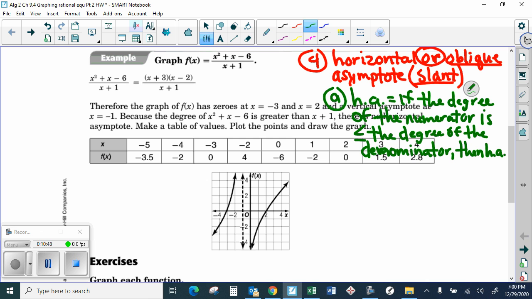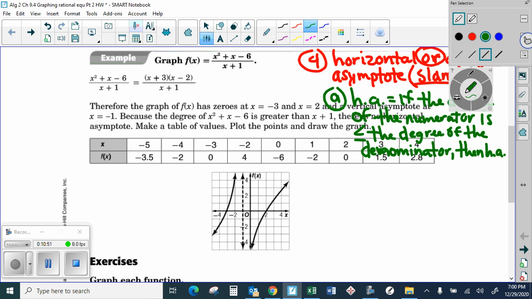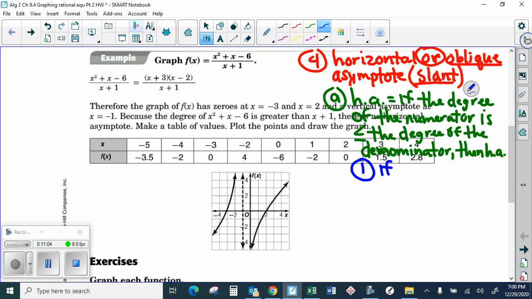Now, what kind of horizontal asymptote? There's two possibilities. We'll call this one inside. If the degree of numerator, NUM, is less than the degree of denominator, DEN, then y equals 0 is your equation, which is the x-axis.